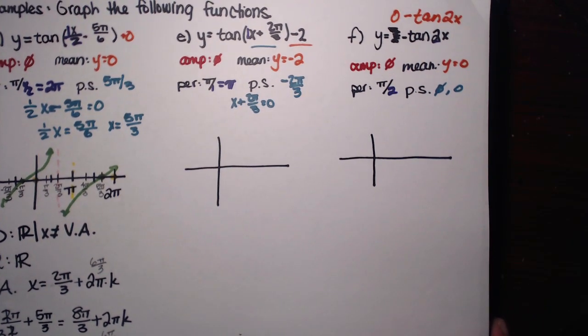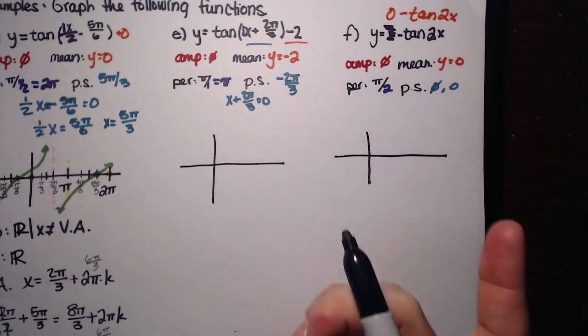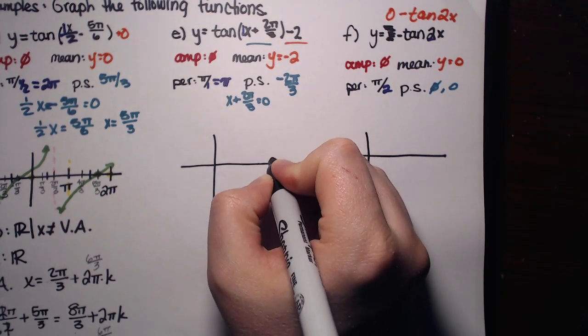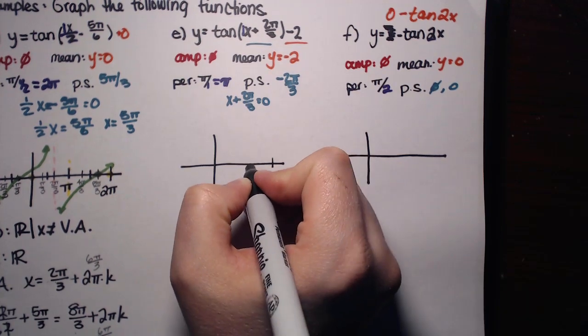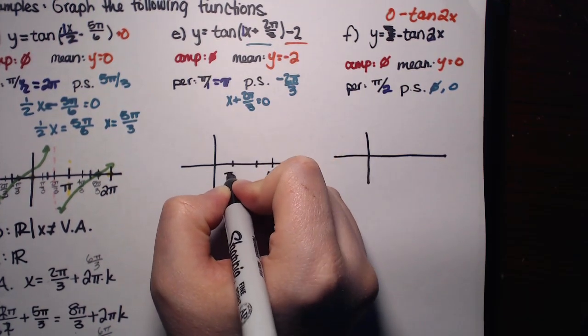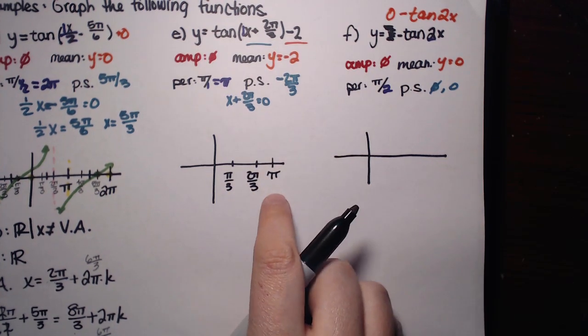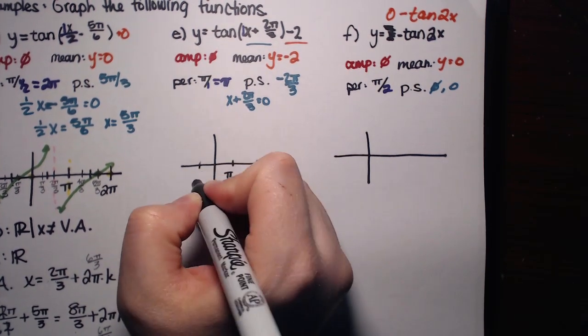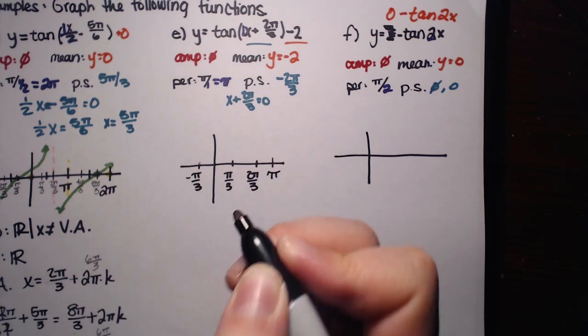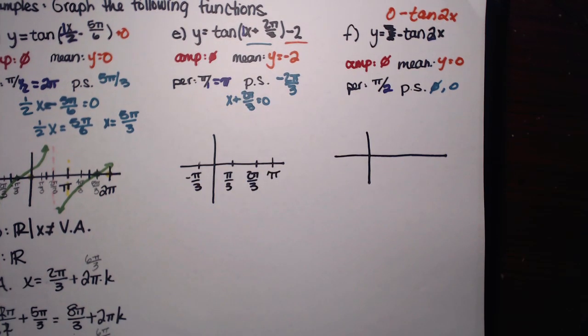Okay, so for this one, the period is pi, and we're moving back 2 pi thirds. So just to get a better idea, I'm only going to move this out to pi. And then the mean line is -2, so we're being moved down 2.